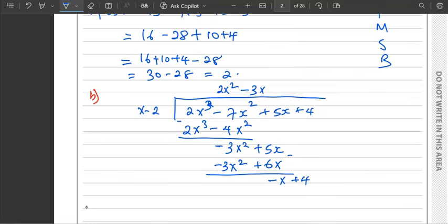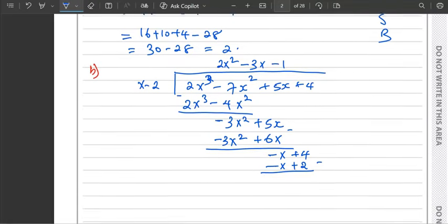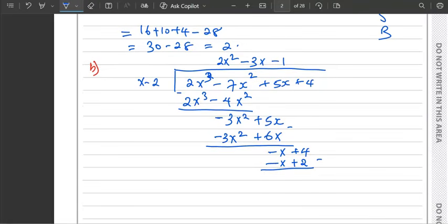It goes negative 1 times. Then negative 1 times x minus 2 is the same as negative x plus 2. At this point we get the difference: negative x plus x gives you 0, then 4 minus 2 gives you 2.